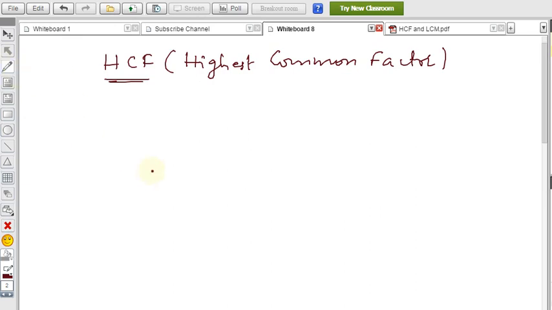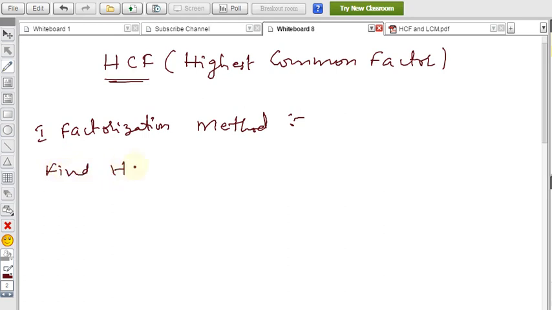This also can be done using two methods, same as before: the factorization method and the division method. First let us see the factorization method. I'll take the same example as the previous question. Find the HCF of 60, 24 and 45.